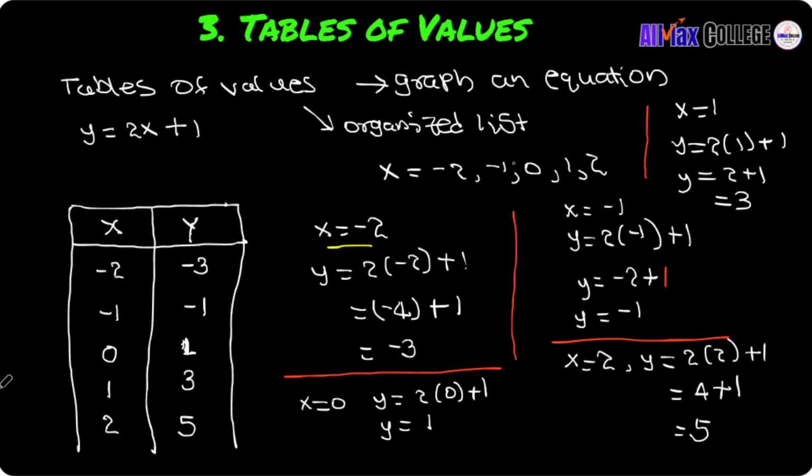This one is x equals minus 1. X is 0. X is 1 here. X is 2 here. I can complete the table now.